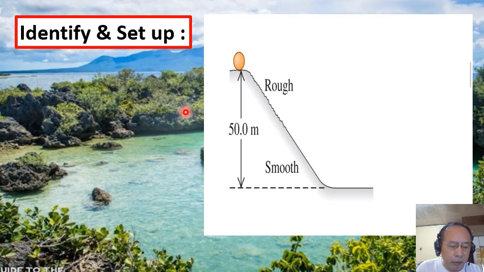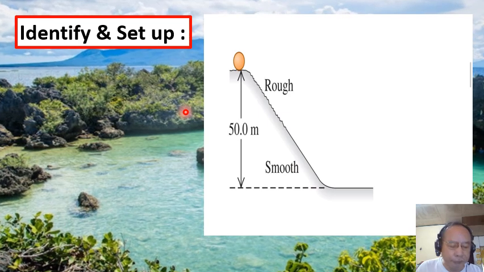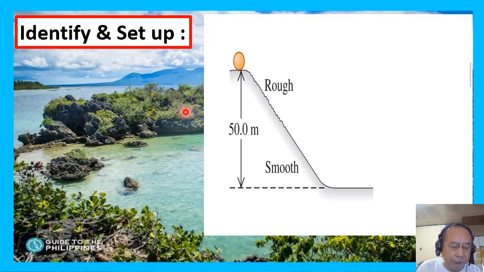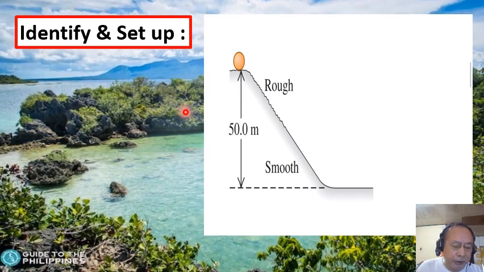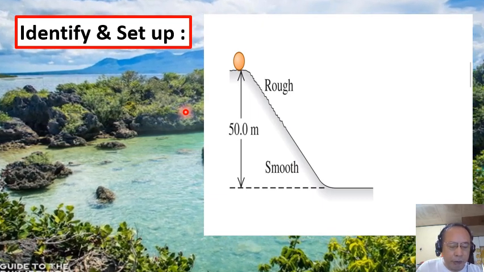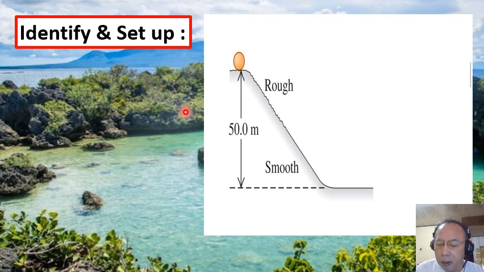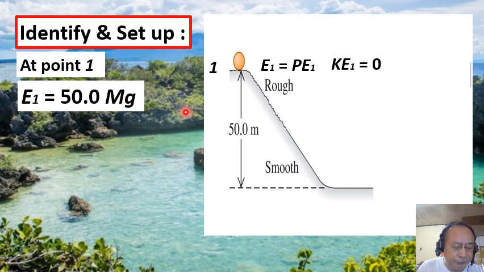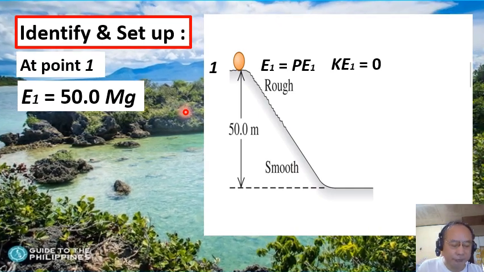Hence, we specify that at the top of the hill, point 1, 50.0 meters above the ground level being considered as our reference point, the boulder only has potential energy without kinetic energy since it starts from rest.